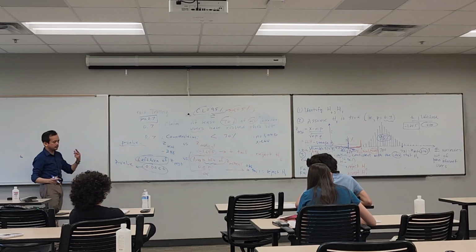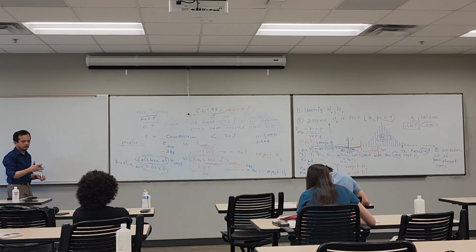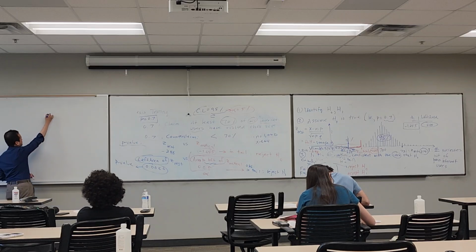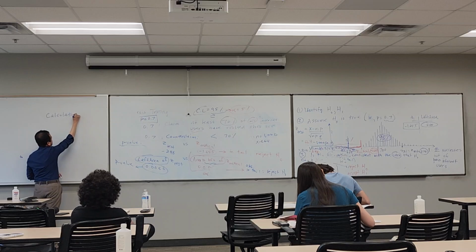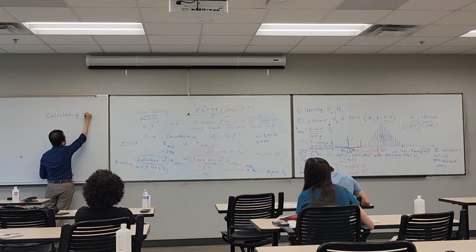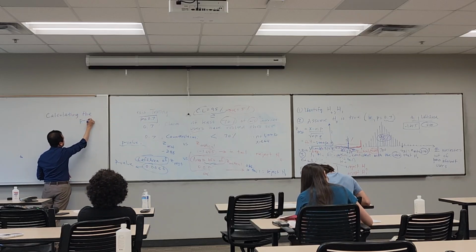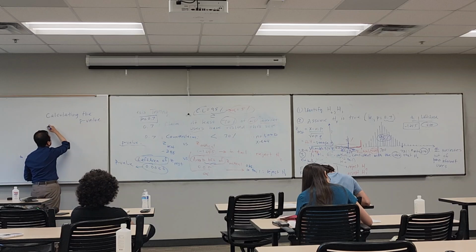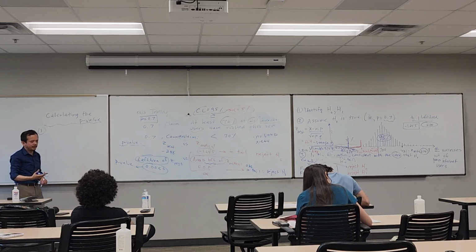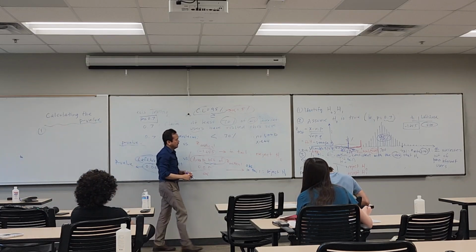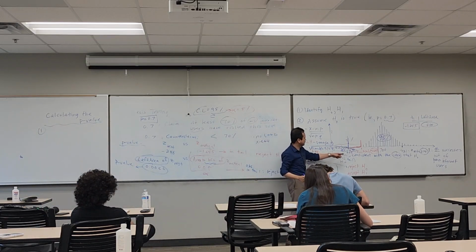So let's start summarizing what we just did. So this is calculating the p-value. The first step to calculate the p-value is look at your observation. In this case, the observation had a test z-score.